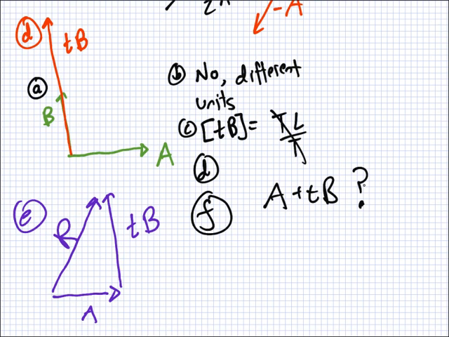Maybe somebody walking north. You understand what I'm saying? So, what could A plus TB represent? It's kind of hard. Anyone feel they might have an idea? Displacement. Yeah, but give me a little story.